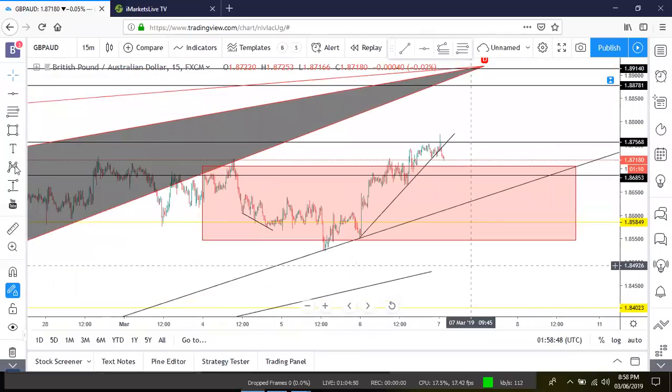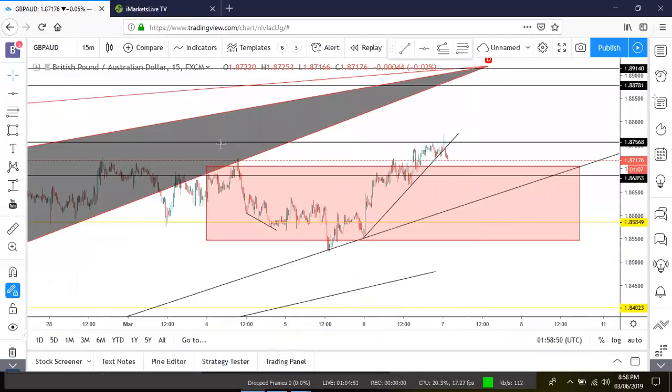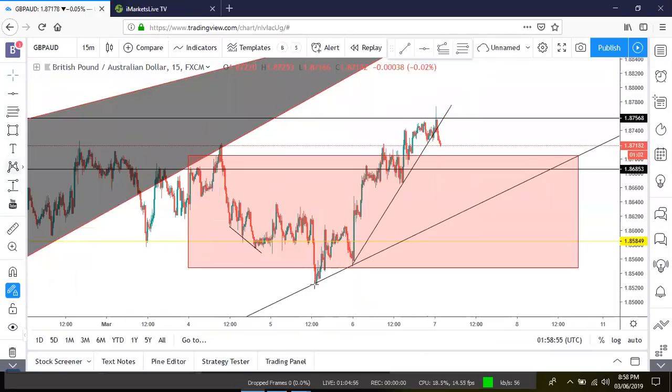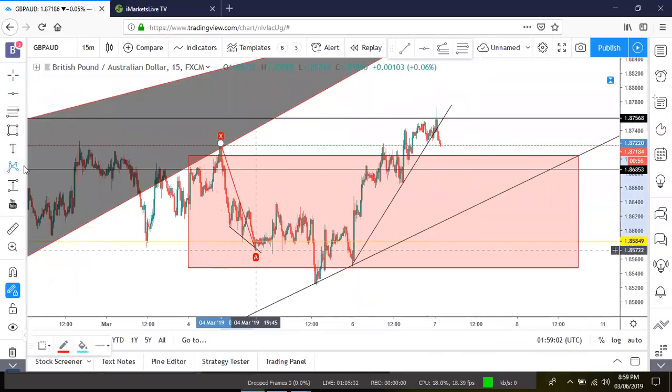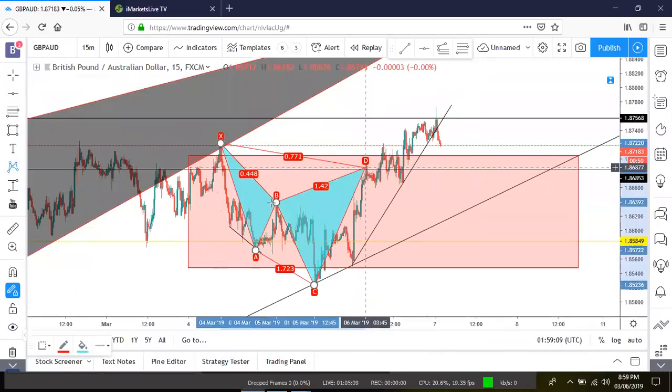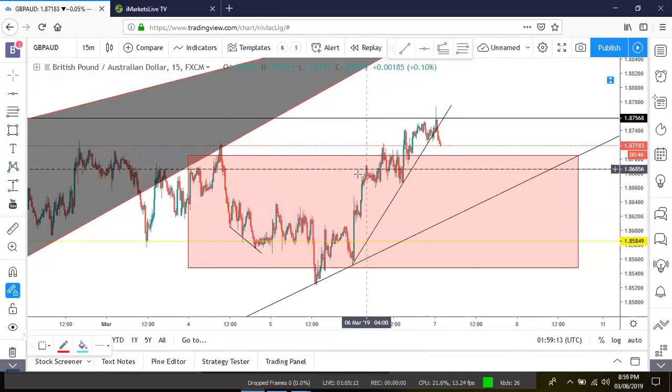I have a harmonic pattern right here, which is a Cipher pattern. X to A to B, B to C, C to D. Hold on.